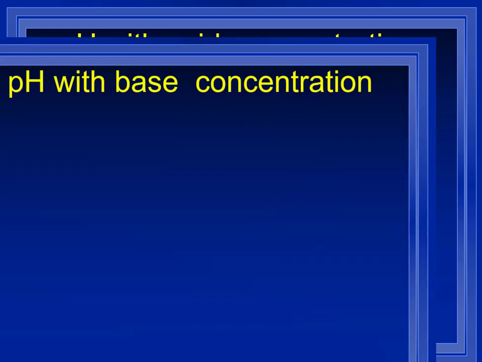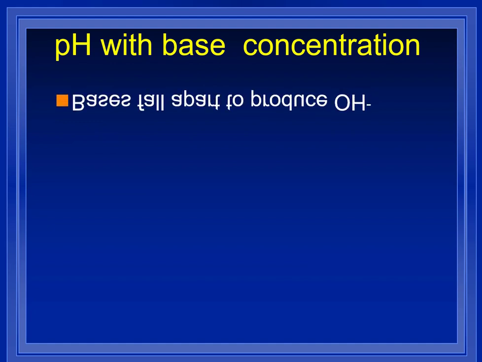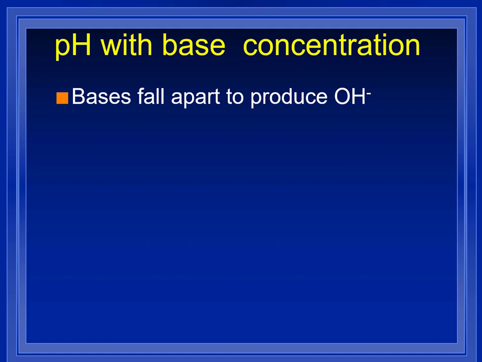Okay. Let's try it with bases. Well, bases fall apart to produce OH minus. So by telling you the base concentration, I'm telling you the OH minus concentration. So NaOH makes Na plus and OH minus.